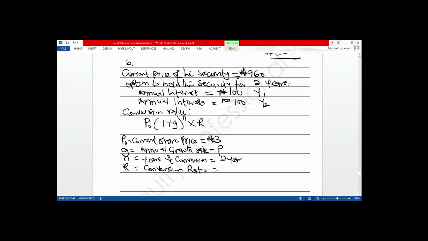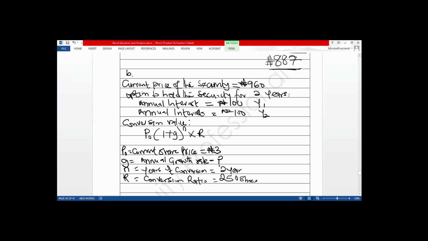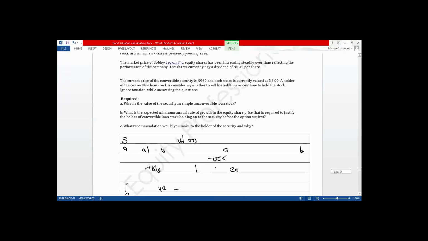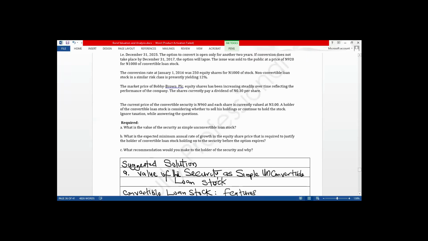Examiner says loan stock can be converted to 250 shares. Let's refer to that. Look at it here, please.